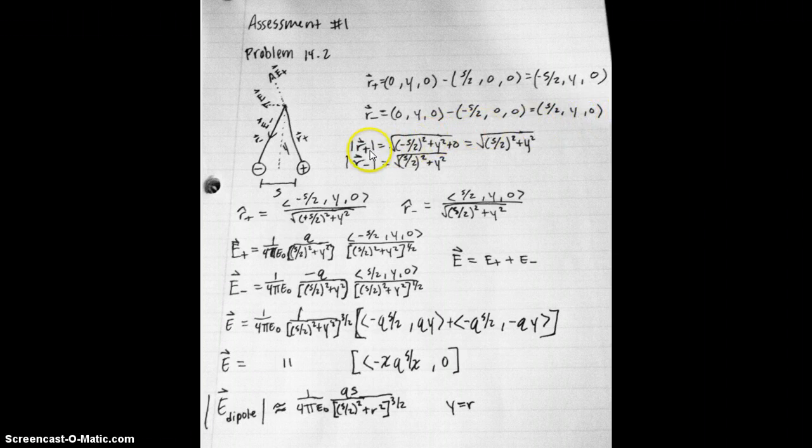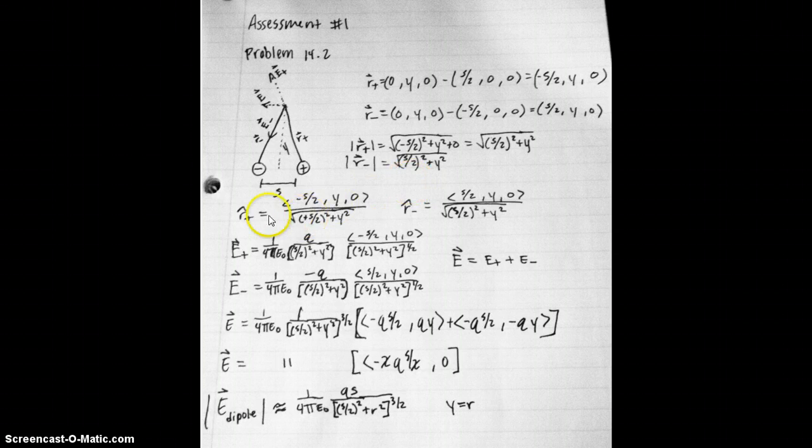Your magnitude of r plus and r minus would equal the same thing, because negative s over 2 squared is the same as saying s over 2, because a negative times a negative is a positive, so that's why those magnitudes are the same.